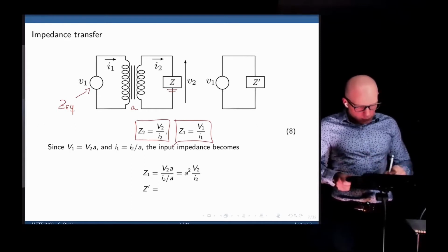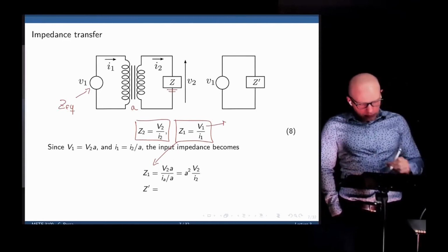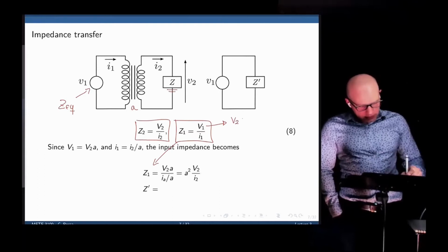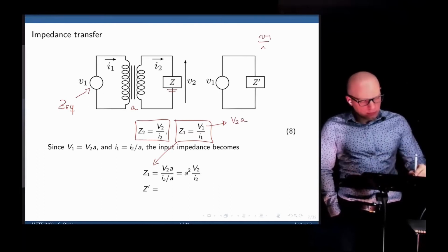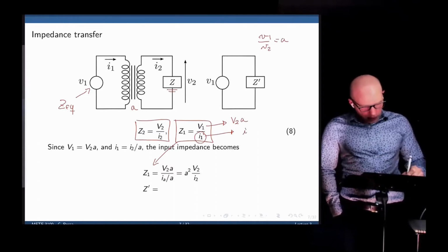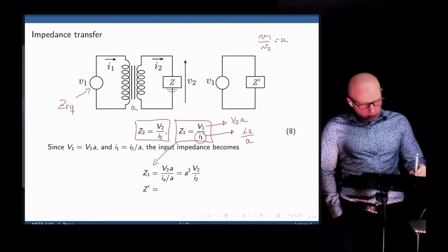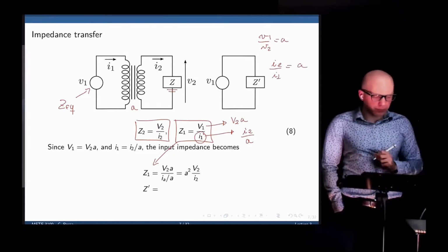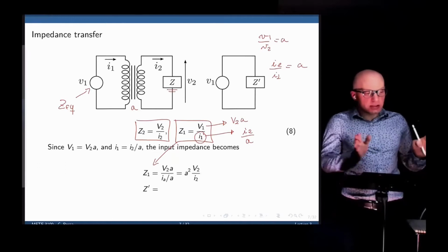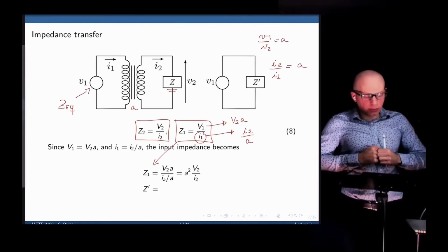Now we can take Z1 and replace V1 with V2 times A. Remember, from V1 over V2 equals A. We can take I1 and replace I1 with I2 over A. That comes from I2 over I1 equals A. Just replacing the voltages that we see in the primary and the current, writing that with respect to the secondary winding.